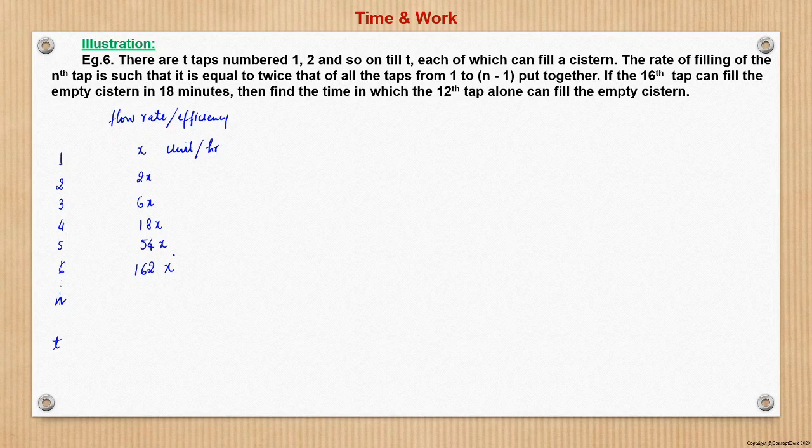Can we check one thing, that if I take this, this is 2 into 3, this is 2 into 9, this is 2 into 27, this is 2 into 81. So it is all in the form of 2 into 3 raised to power something. So here it is 2 into 3 raised to power 4, this is 2 into 3 raised to power 3, this is 2 into 3 raised to power 2, this is 2 into 3 raised to power 1, and these are some independent x and 2x.